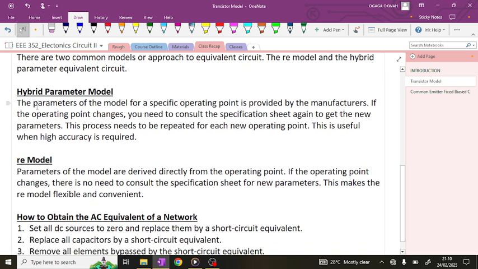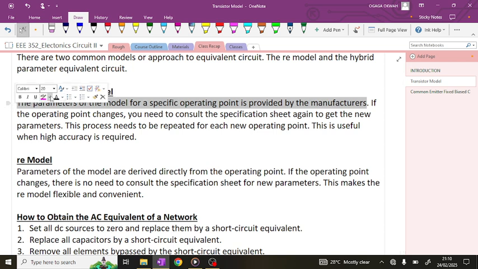For the hybrid parameter model, the parameters of the model for a specific operating point are provided by manufacturers. This is the key thing to note for the hybrid model. And remember, we said something about operating points.